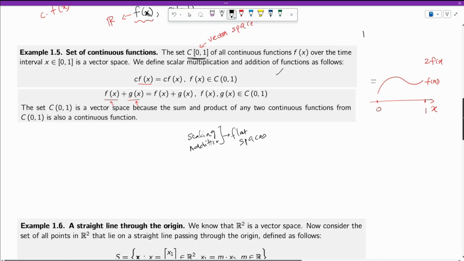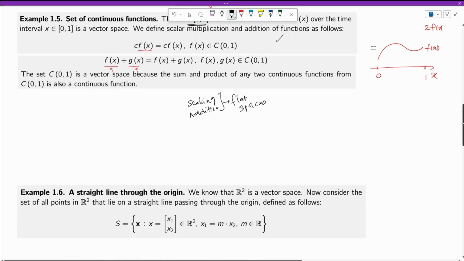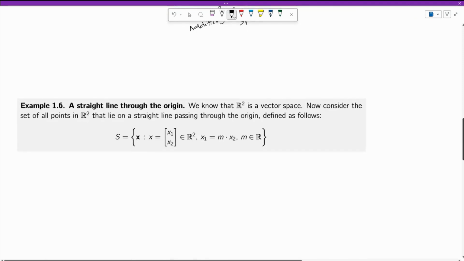Now we'll extend that idea and look at subspaces of some original vector space. You have to do the same process, essentially verify if it's a vector space or not.